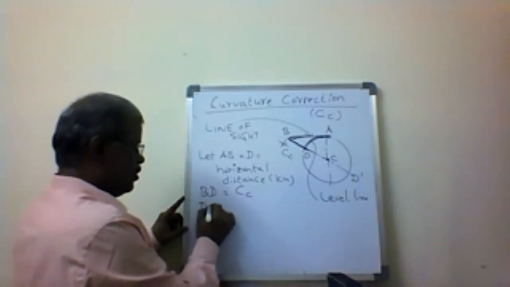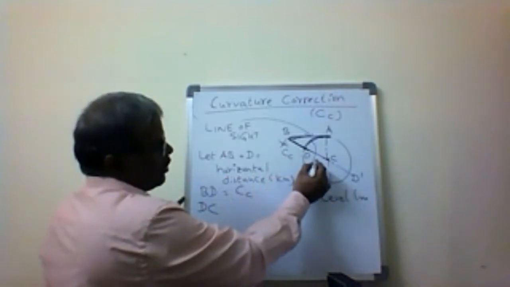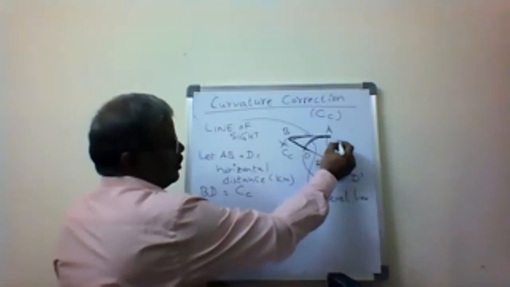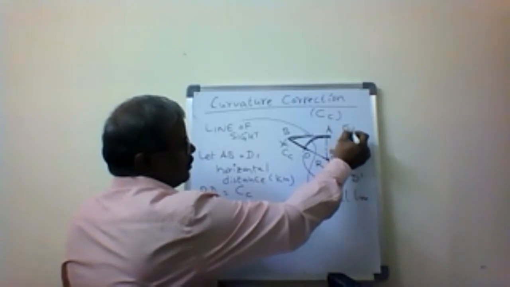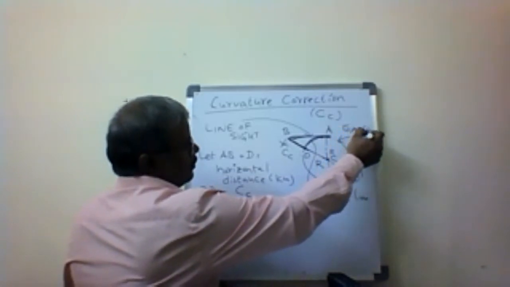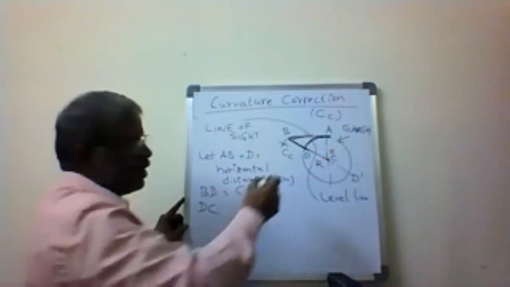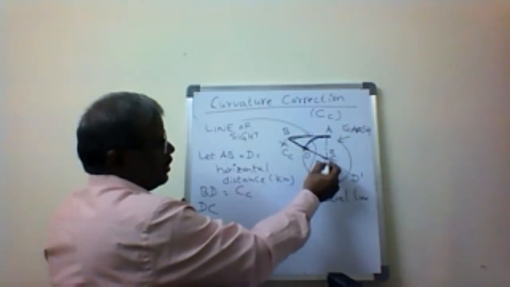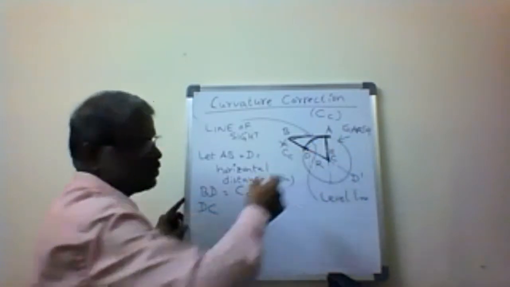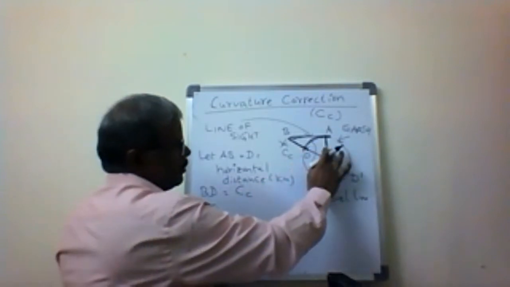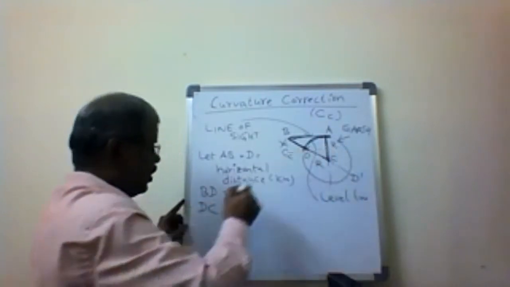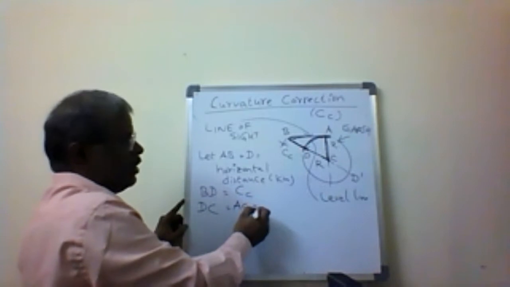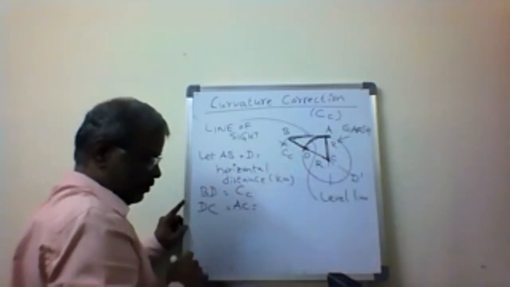D to C is the radius of the earth. A to C is also the radius of the earth, so D to C equals A to C, and A to C is the radius of the earth.